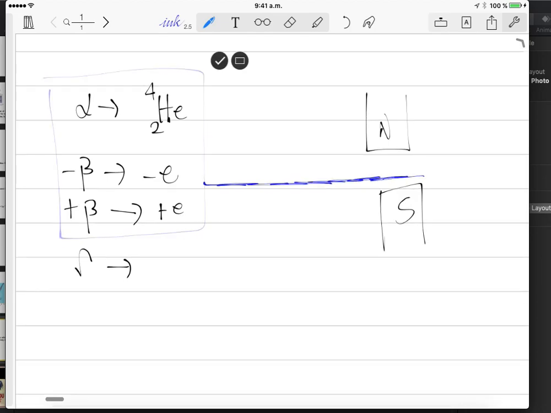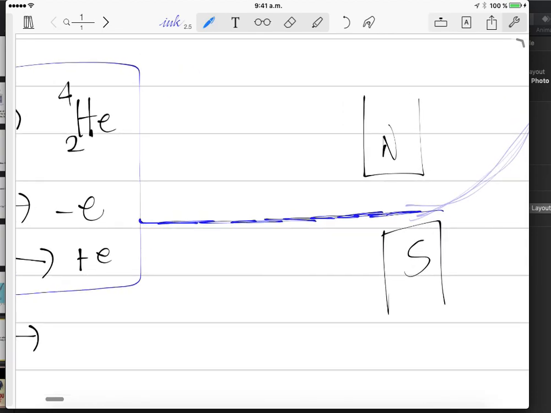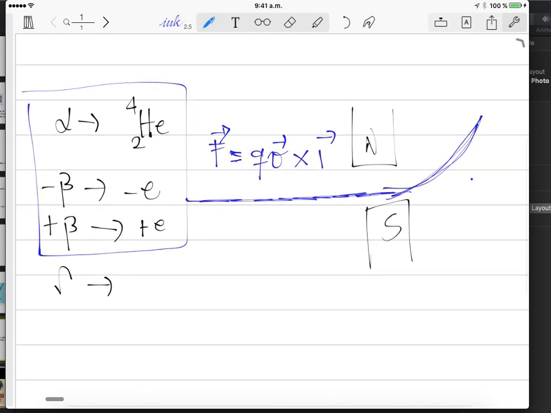Over here, you're gonna have deflections. It's really important to know that alpha radiation, because it is positive, obeys the following equation of electromagnetism. You're gonna see in the future, I think, the charge, the velocity, the cross product with the magnetic field. Because it's positive, the deflection is gonna be in this way, right?